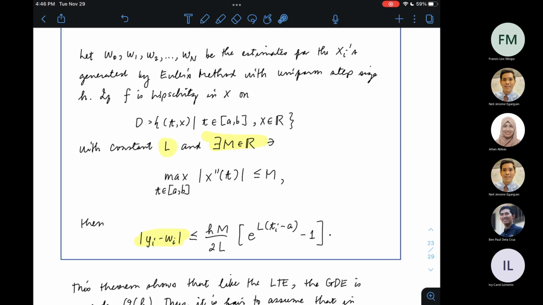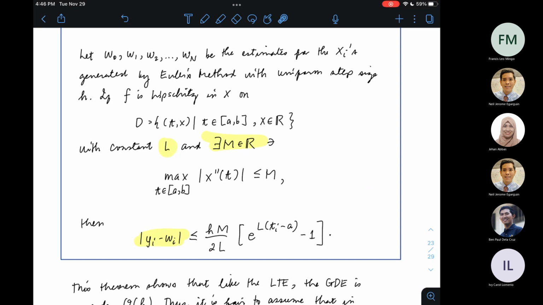And so that means the absolute value of y_i minus w sub i will be approaching 0. Okay. And again, this also tells us that the order of the local truncation error of Euler's method is inherited by the global discretization error, because all of these guys are just constants, right? So still, the GDE is a big O of h. The faster h goes to 0, the faster your error will go to 0.